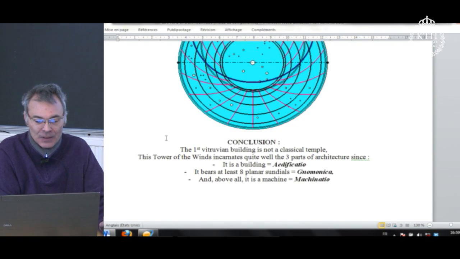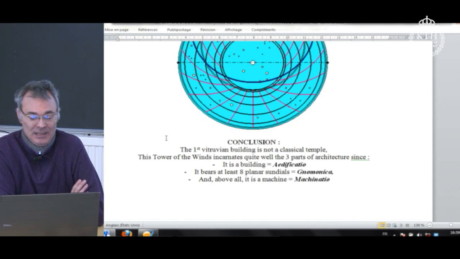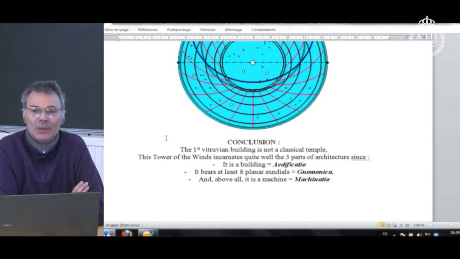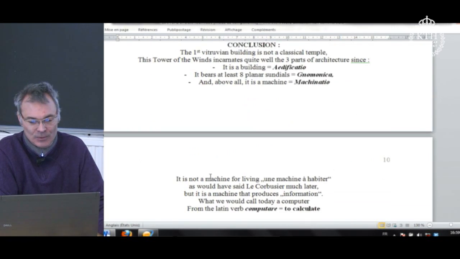And indeed, I think that the first Vitruvian building is not a classical temple, but it incarnates quite well the three parts of architecture, since it was a building, edificatio. It bears at least 8 planar sundials, gnomonica, and above all, it was a machine, machinatio.